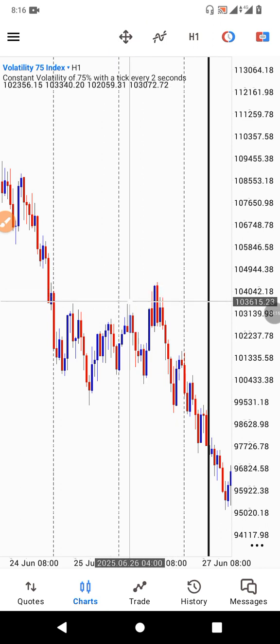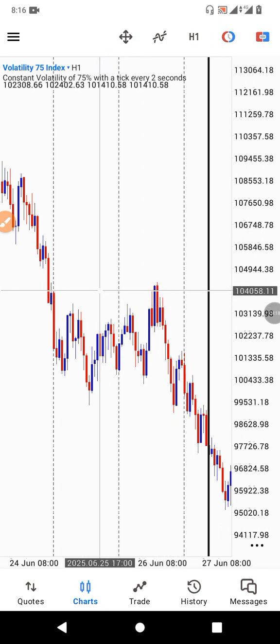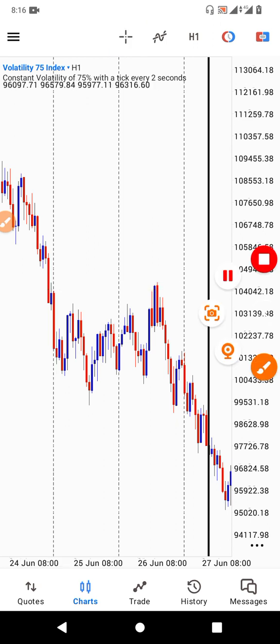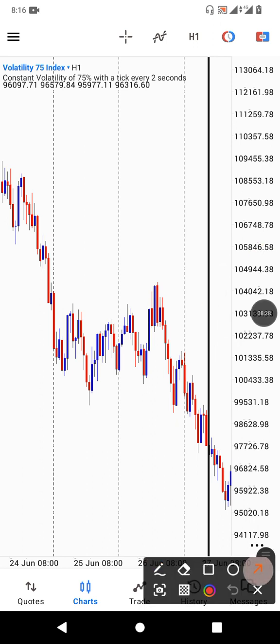The very next day, the high of the previous day, which was here, price took it out here, having taken it out with just one candle, then changed the state of delivery here.